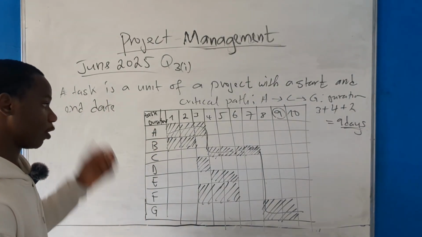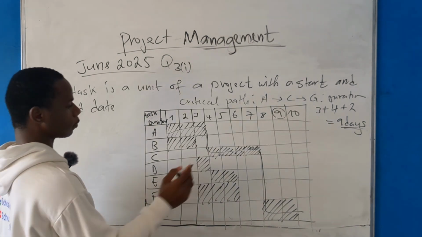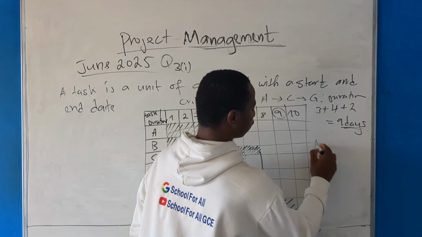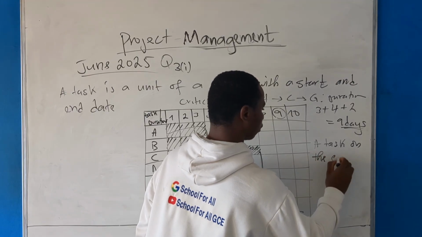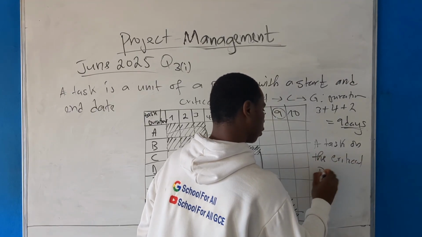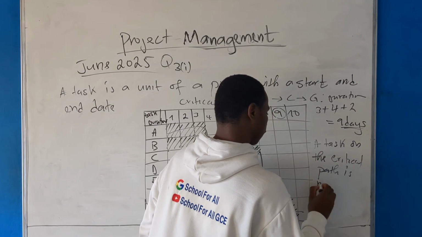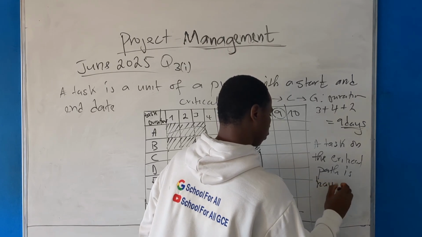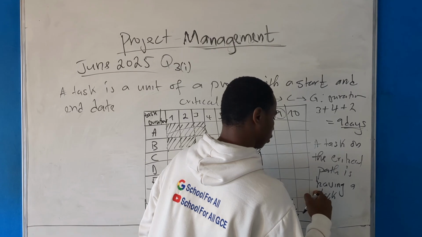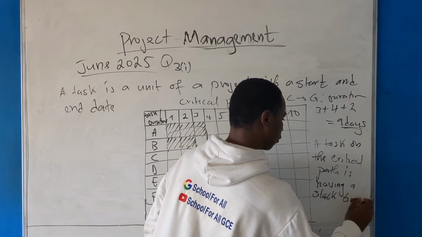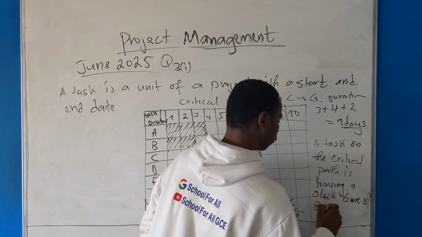And the next thing I want to mention here is very clear. Listen: a task on the critical path is having a slack time of 0.